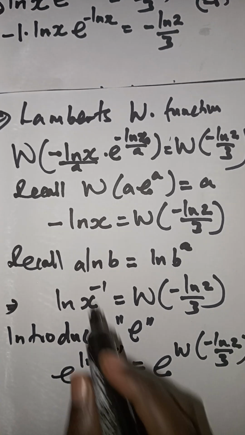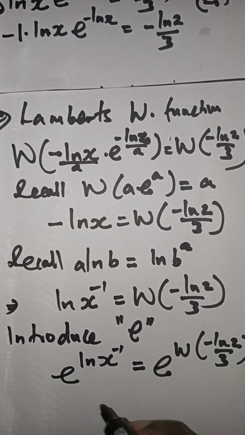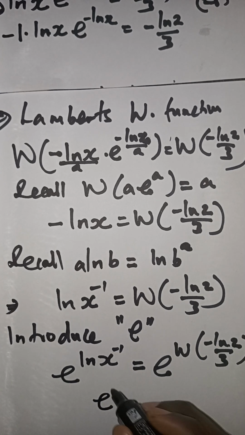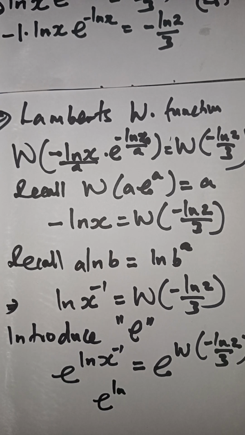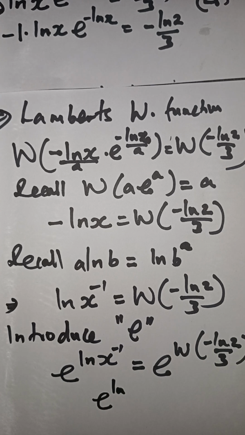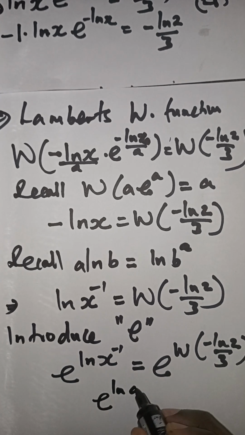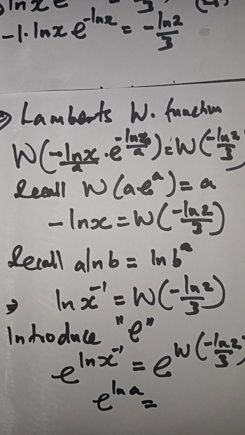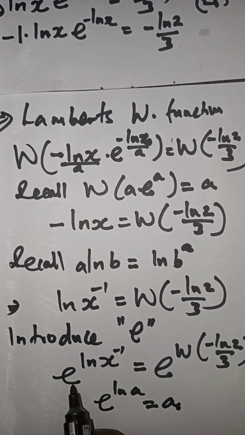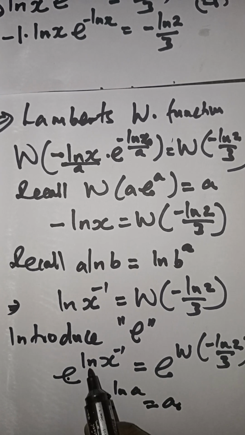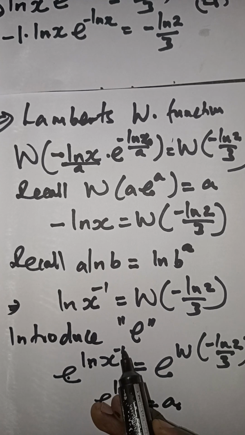Recall from our early explanation that when you have the exponent over the natural log of maybe a, then it goes without saying that the answer is a. So here I'm finding the exponent of the natural log of x power -1.